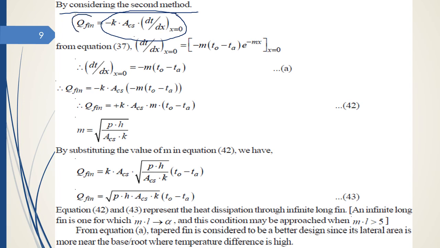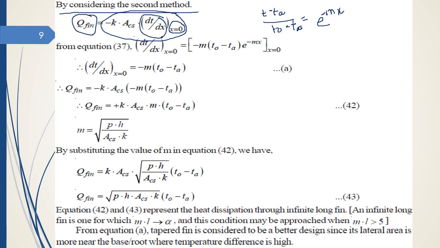So Q fin at base is equal to minus KA dT by dx at x equals to 0. So we know what is dT by dx. We know the equation, T minus Ta divided by T0 minus Ta, that we had derived, is equal to e raised to minus m into x.